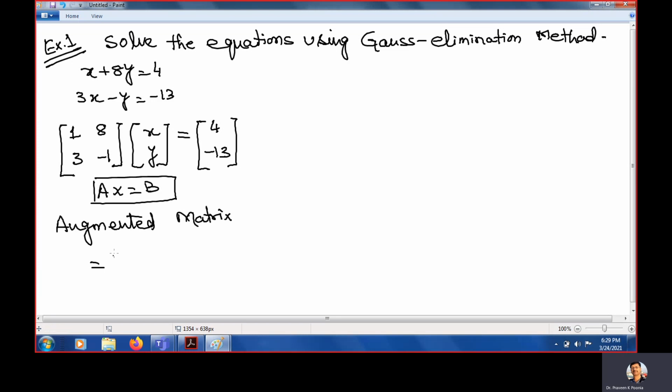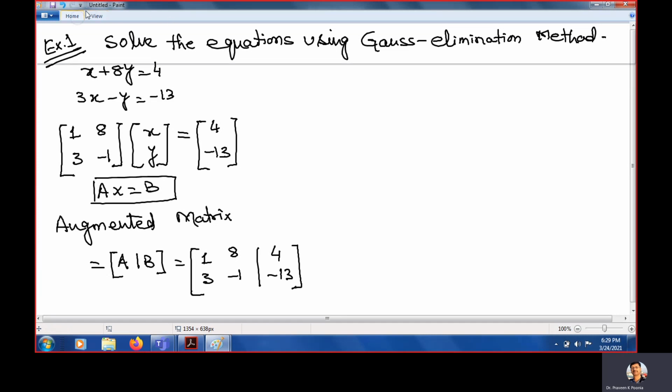What is the augmented matrix? Augmented matrix is A slash B. What is A? It is [1 8; 3 -1]. You can write a dotted line or you can make a continuous line, it is up to you. Then 4, minus 13. Clear? So what is step 1 here? Step 1 is you need to make this element equal to 1. By chance in this question it is 1, so no need to do it.